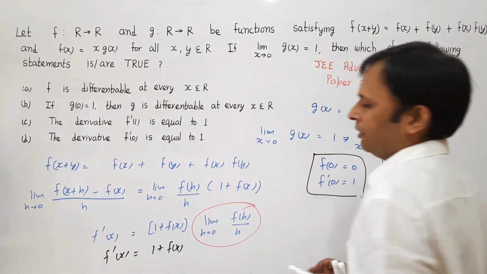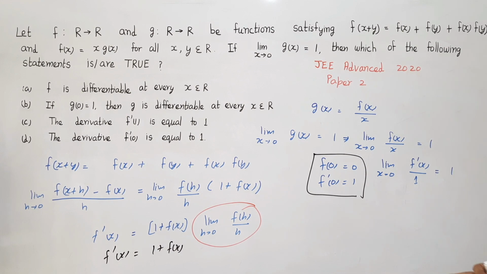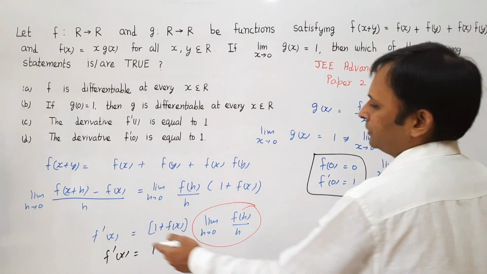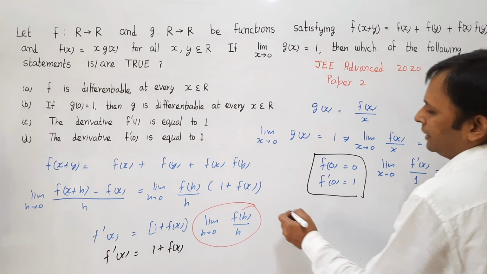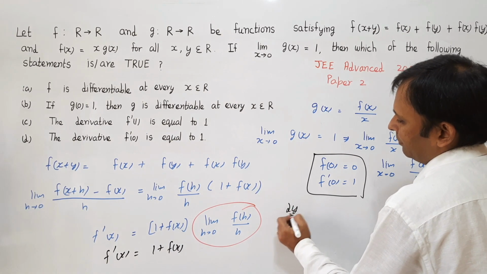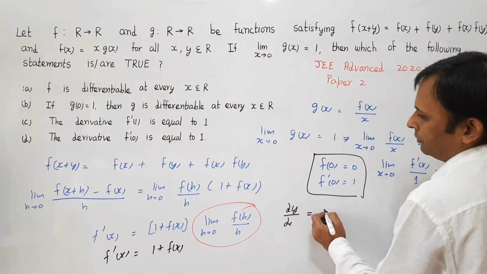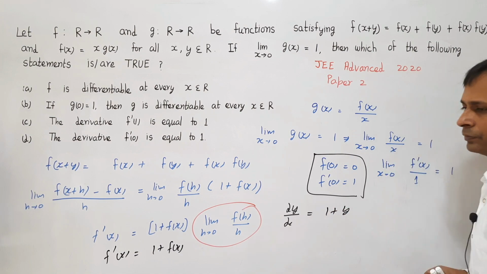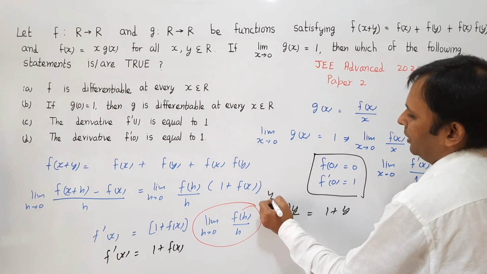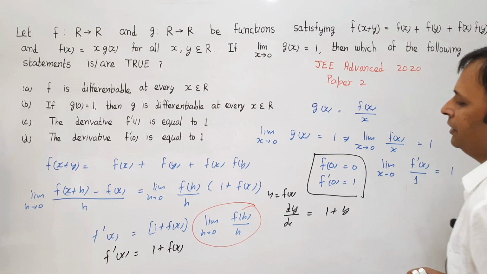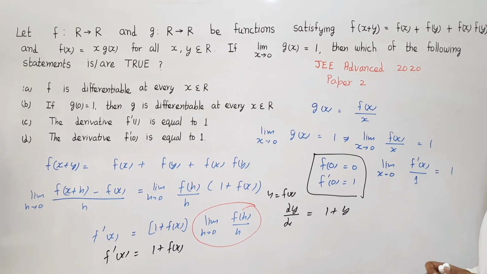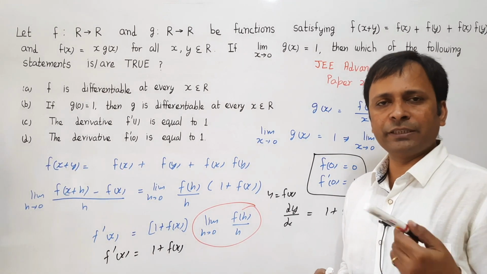If I write f of x is equal to y, what is my f dash x? My f dash x becomes dy by dx. So I can write this as dy by dx is equal to 1 plus y, taking y equal to f of x. This becomes a differential equation which can be in variable separable form.